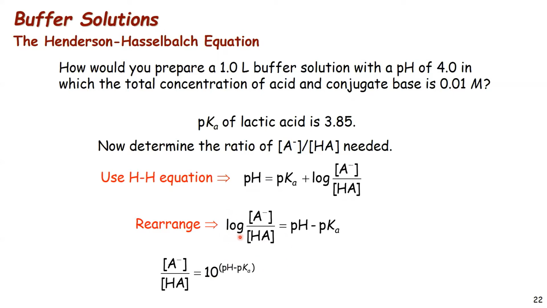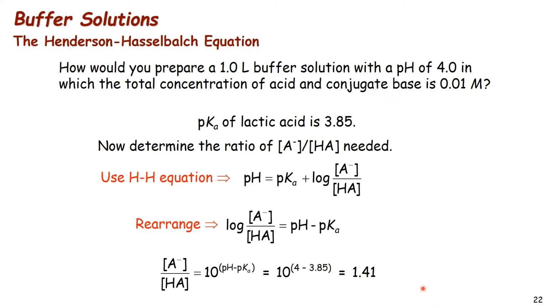Now we're going to take the anti-log. So that ratio then is going to be equal to 10 to the pH minus the pKa, or 10 to 4 minus 3.85. Okay, so that gives us a value of 1.41.